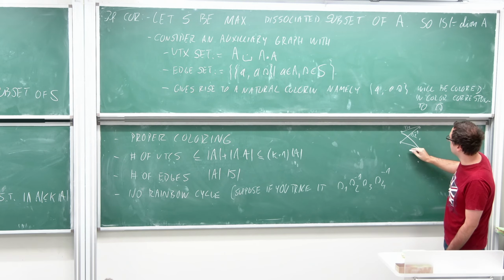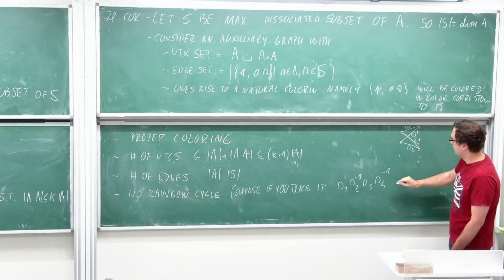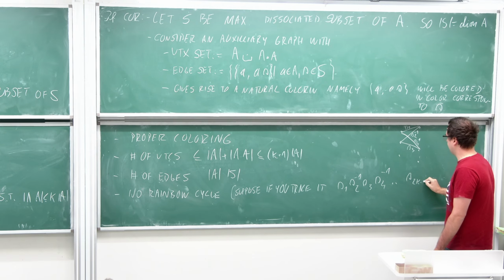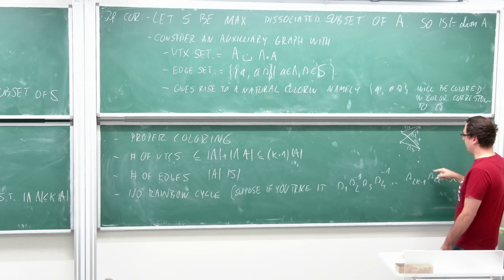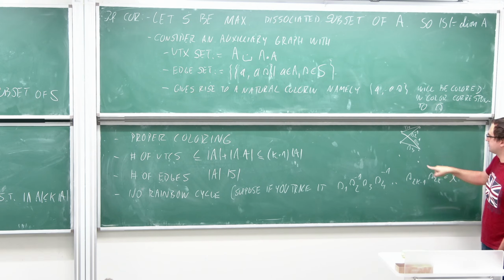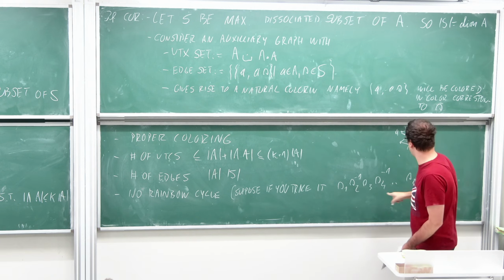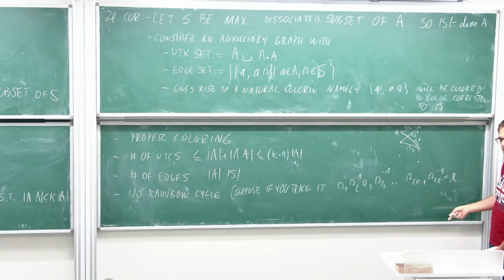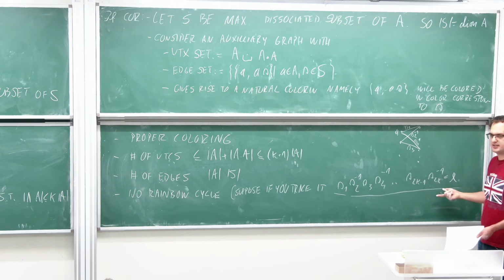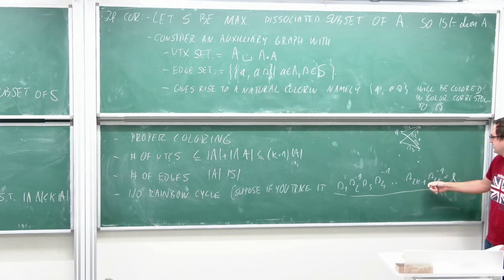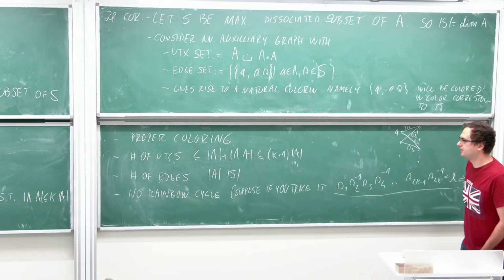We're going back, so we need to multiply by the inverse, but the color is s2. So this is s3, and then s4 inverse, and so on. Right, so if you had a cycle, that means you end up in the identity. So whatever this a was, you had a there, and you had a here, so you can cancel it out. So what you just got is a non-trivial linear combination of distinct elements, right? So these are all distinct elements that live in S, and we assume that S is dissociated. So that's a contradiction. That's not possible. So we don't have a rainbow cycle.